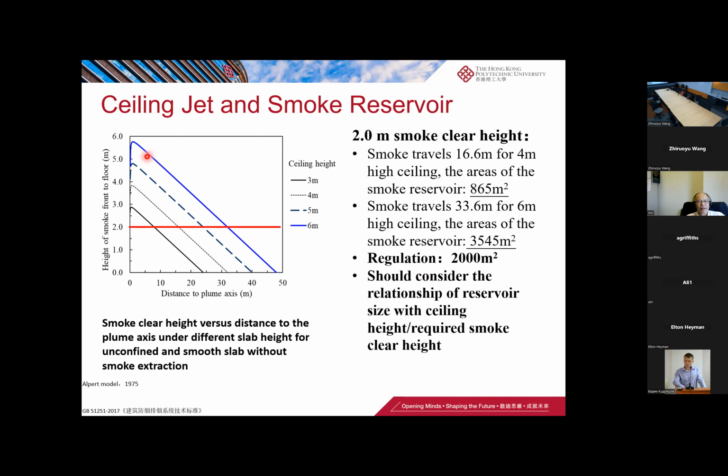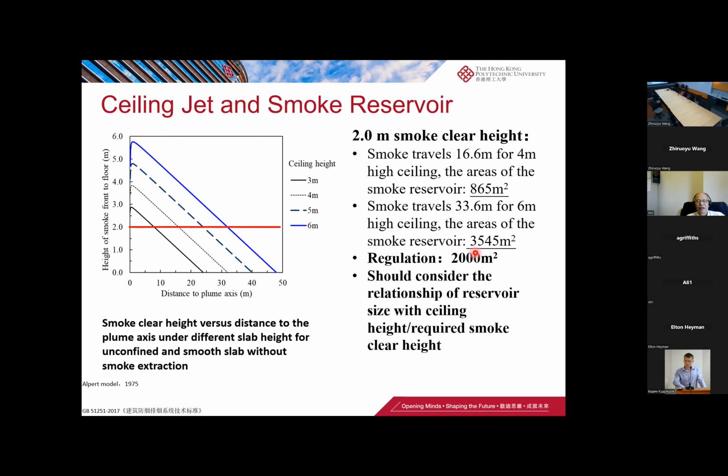If we have a 6-meter ceiling height, the smoke can move 33 meters to here. The smoke will reach 2-meter height. So the smoke reservoir can be up to 3,500 square meters.